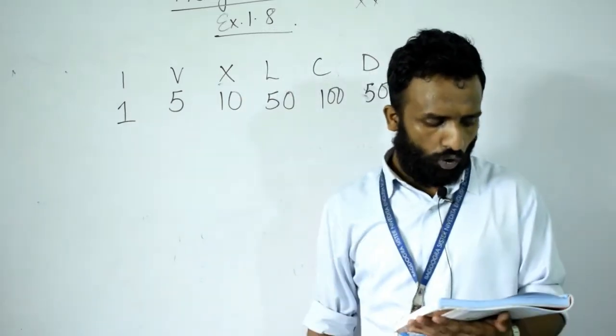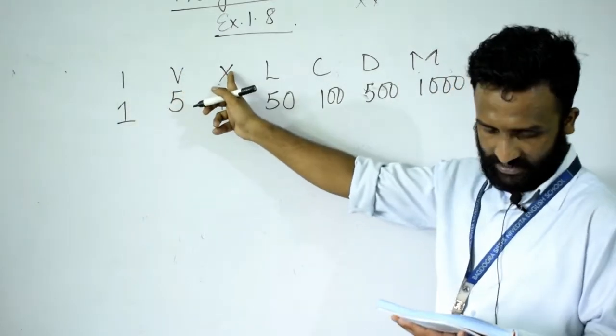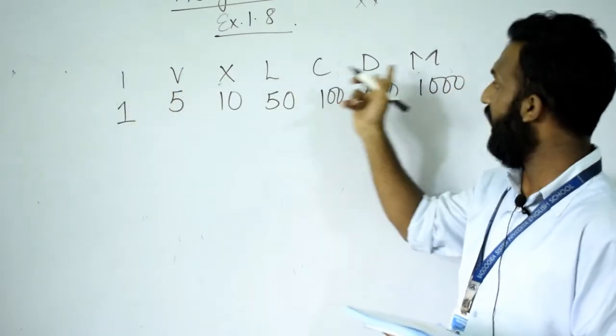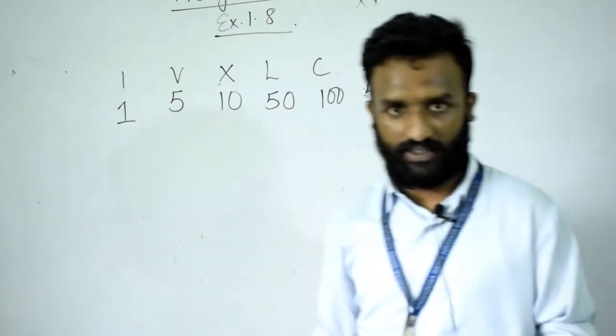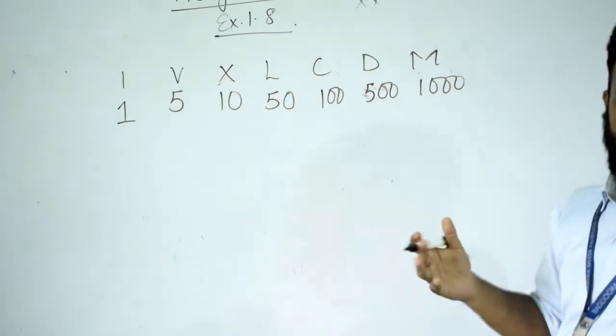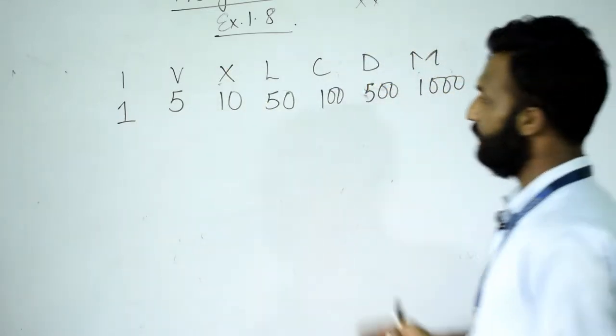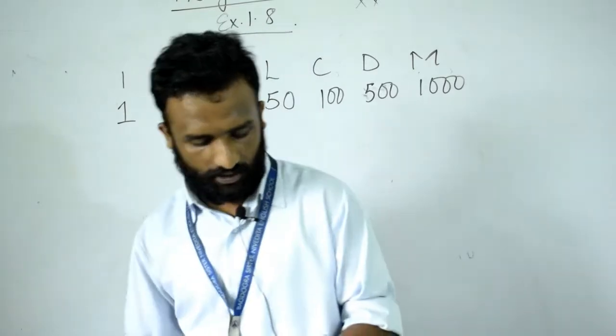Rule 2: only I, X, C and M can be repeated. Others you can't repeat more than 3 times.